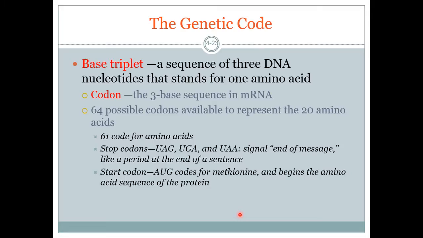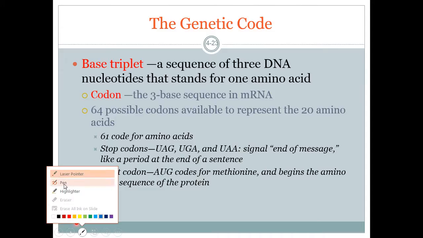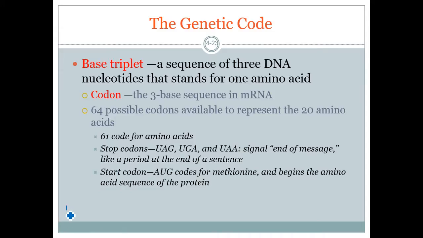Now, the base triplet for that is TAC. So whenever you see your TAC, you know that, hey, this is our methionine. And this is what's going to start the particular sequence.